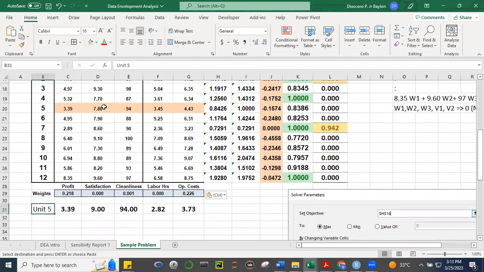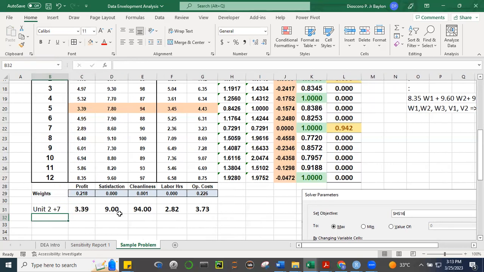Unit 5's average is only 7.8. The average of this linear combination of unit number 2 plus 7 is 9. So the satisfaction is higher, and the cleanliness is the same.